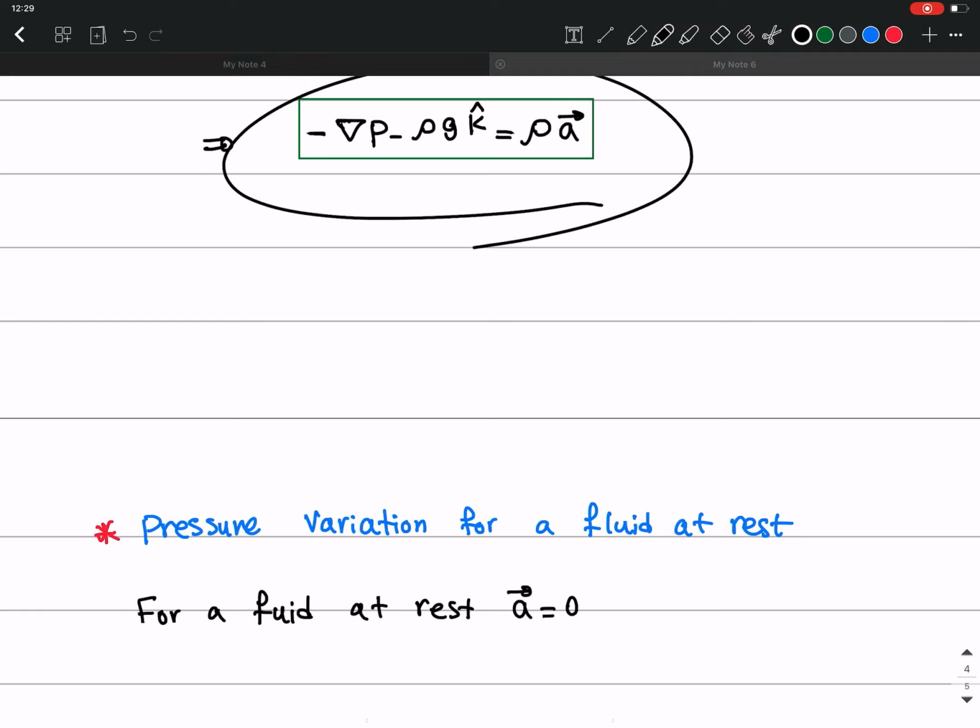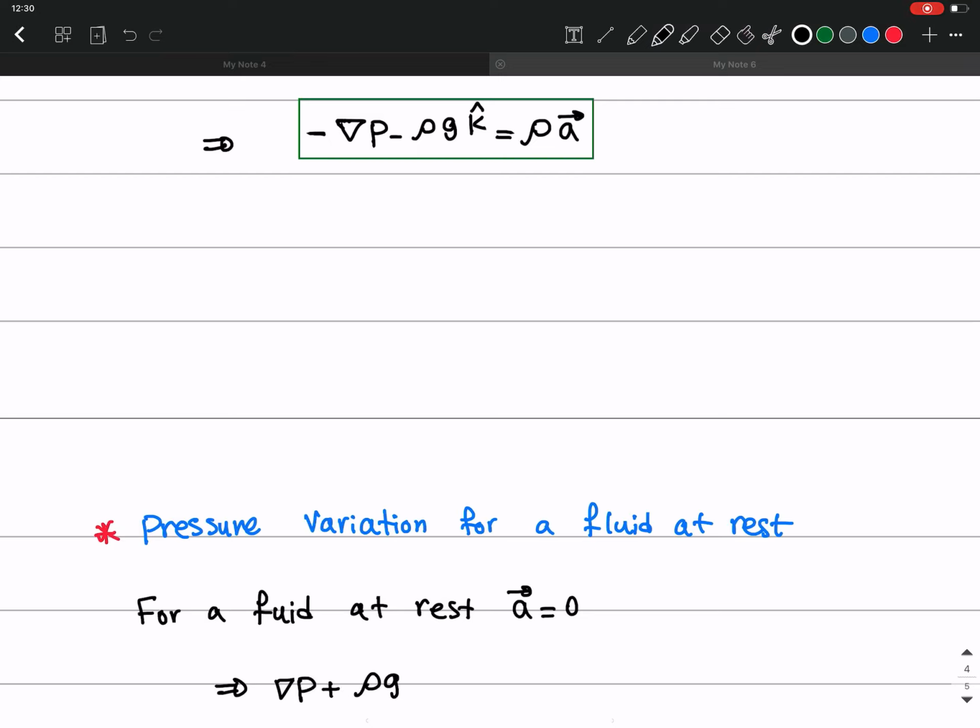So this formula is going to be simplified. So I'm just going to write it down. So grad P plus rho g k is going to be rho times a, where a is 0, so it's going to be just 0.